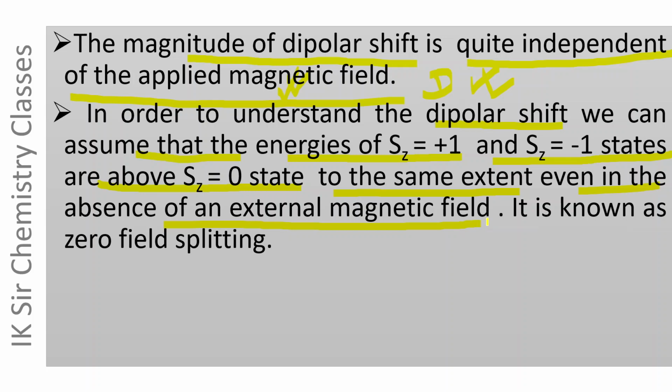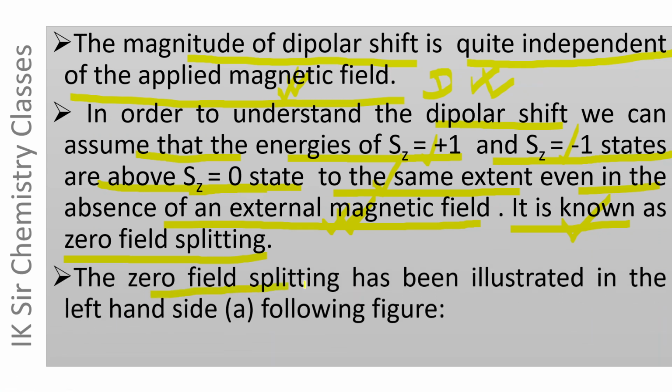And since the S equals to 1 state has split into energy levels even in absence of magnetic field, it is known as zero field splitting. A splitting produced in absence of magnetic field is known as zero field splitting.